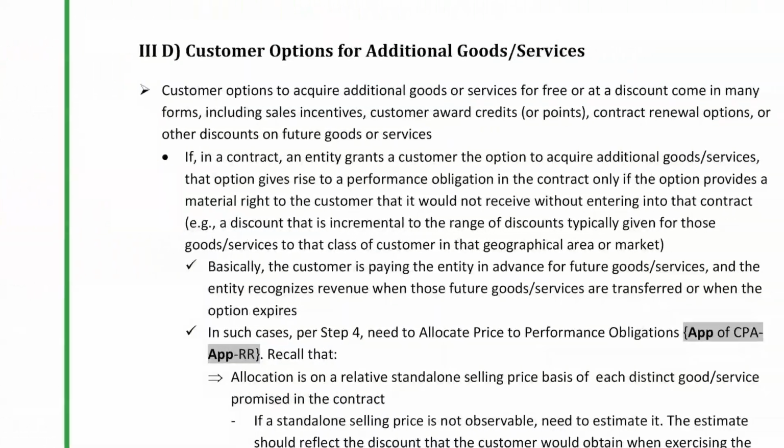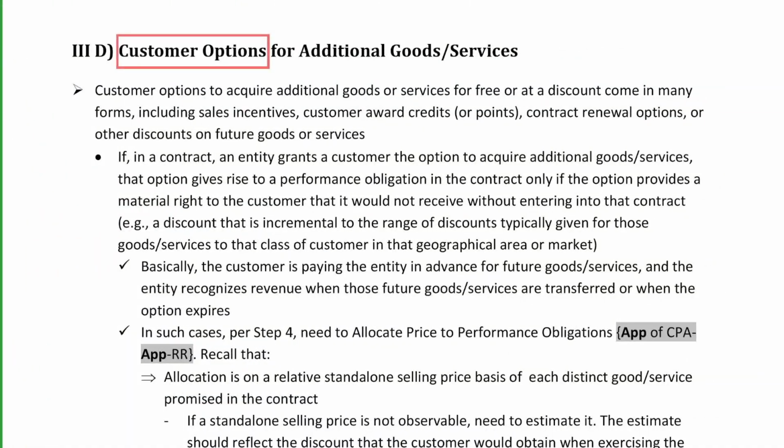On page 67, put a box around customer options for additional goods or services.